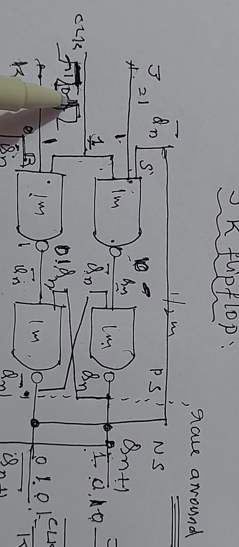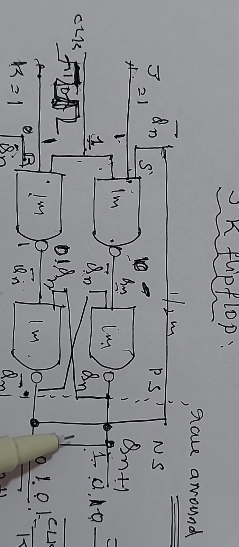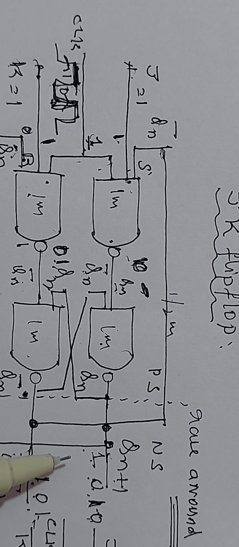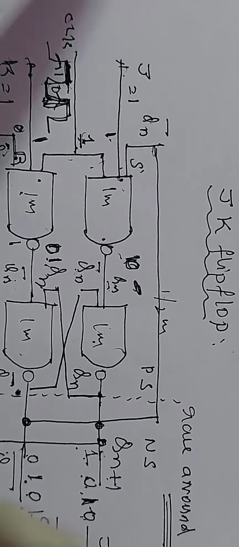During the next positive clock pulse, for these 30 milliseconds, there is a continuous change of state from 1 to 0, 0 to 1. That means we get race around conditions. So I will represent this race around condition simply by a graph.